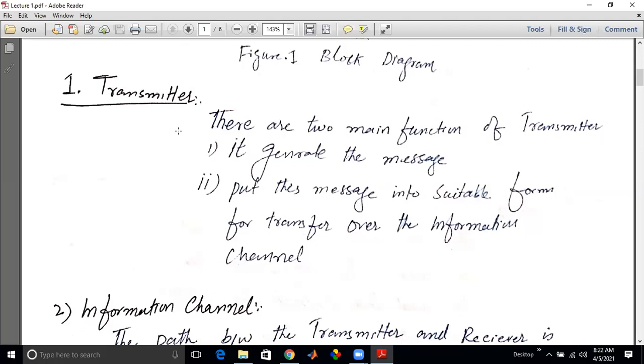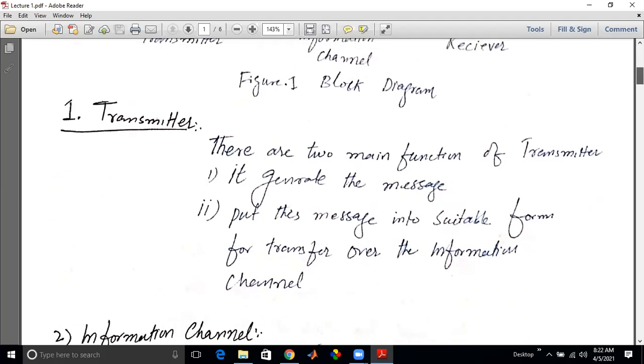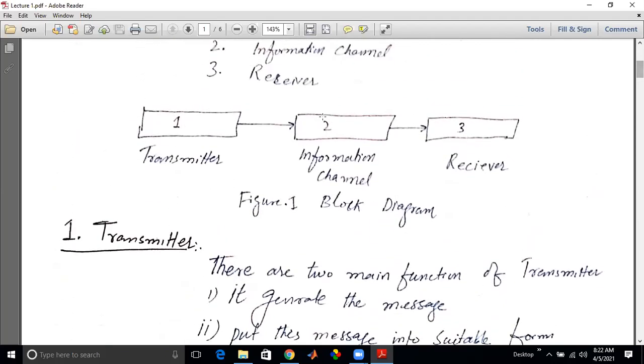The second main function is to put this message into a suitable form for transfer over the information channel. The message generated by the transmitter must be able to pass through the information channel.